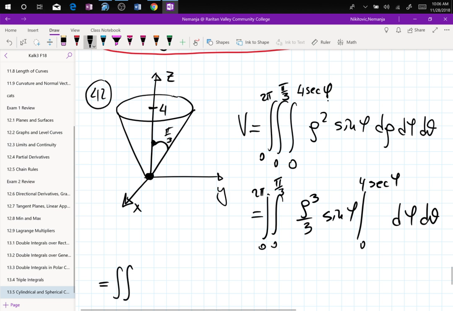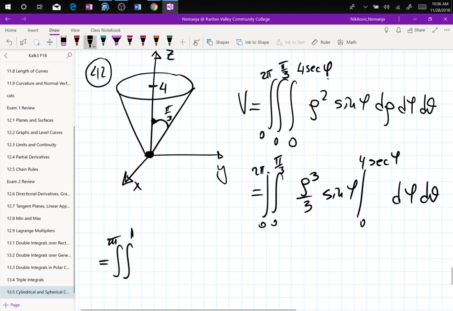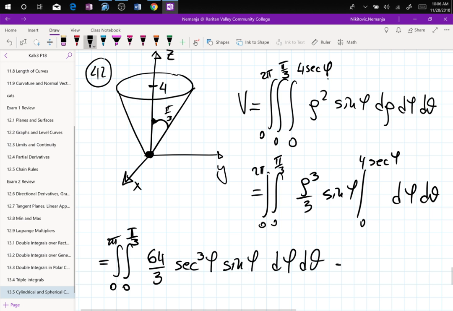So, double integral in front. I'm thinking if I should waste time solving this, or do another example. So now we have 4 cubed is 64, divided by 3, secant cubed phi sine phi d theta.